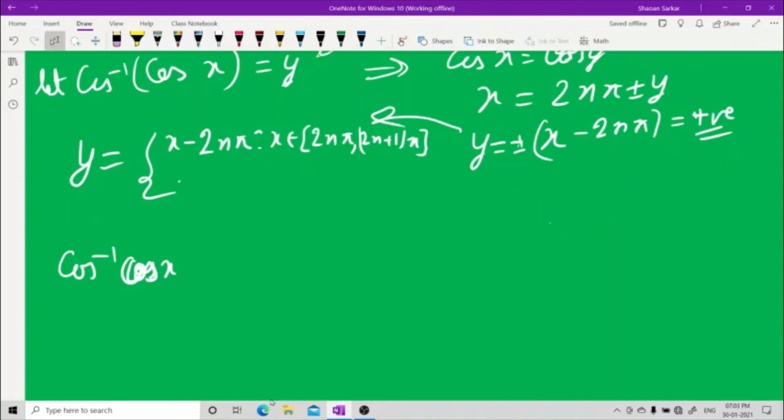And this can also be written as 2n pi minus x for x belonging to (2n minus 1) pi comma 2n pi.